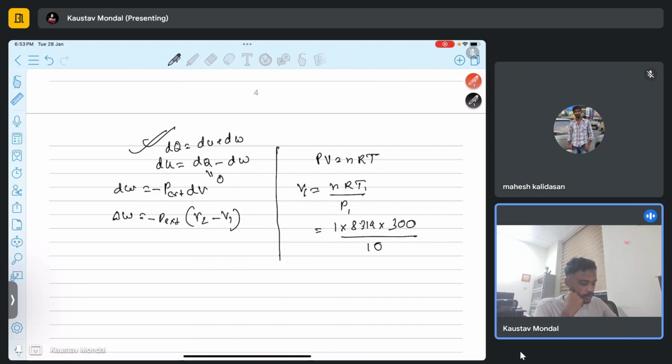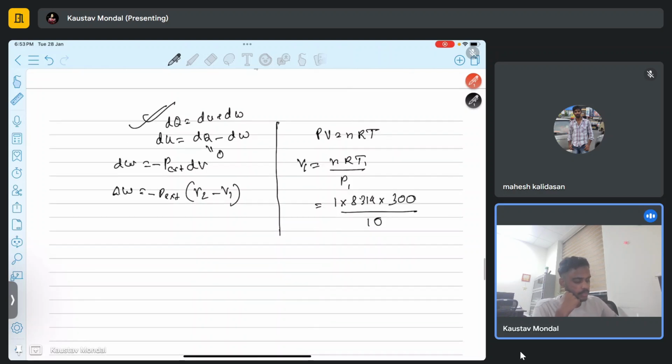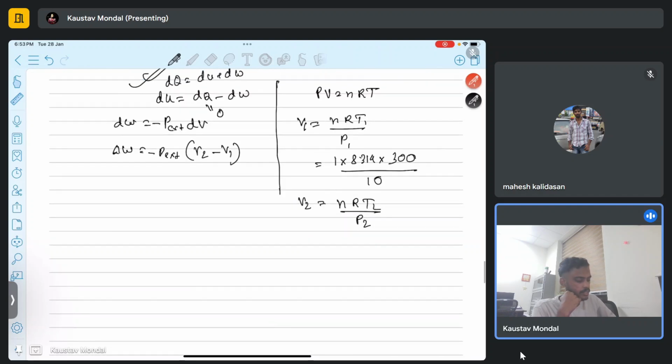So we are calculating dW. V1 we have already calculated. Now we will calculate V2, that is nRT2 by P2. Similarly, 1 into 8.314 into 300 by 5, P2 is 5. Then substitute here in delta W with P external. You have to change the units and all.